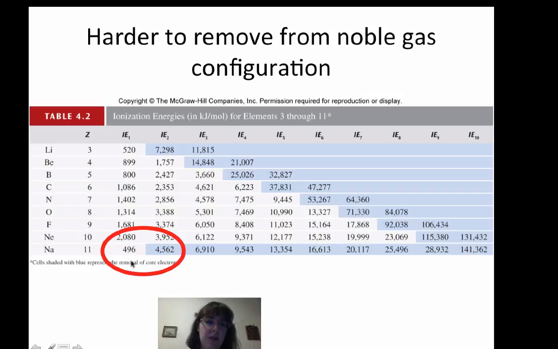So when you look at sodium, for example, that first one popping off takes about 500 kilojoules. To remove the next one, which would take you then away from the noble gas configuration, takes almost 10 times as much. Lithium has that same issue, about 500 kilojoules, and then the next one is about, again, 10 times as much. Because once you take one away from lithium, you're at a helium noble gas configuration.